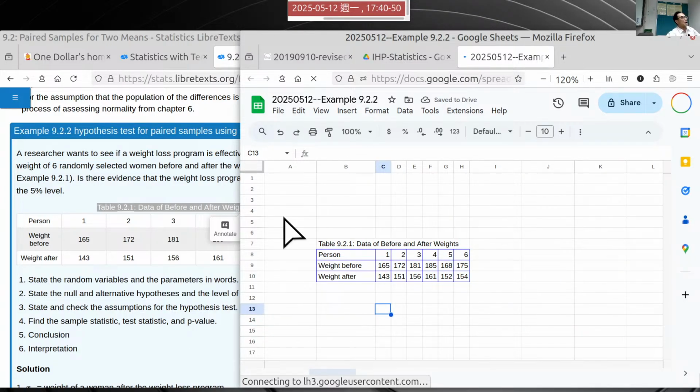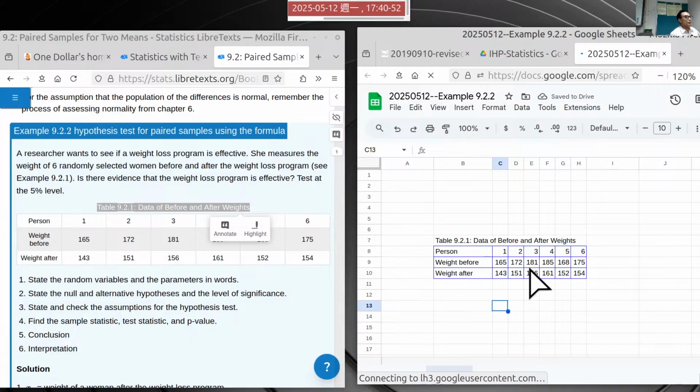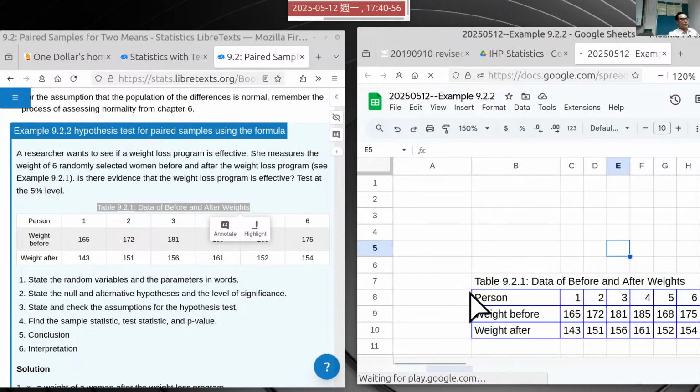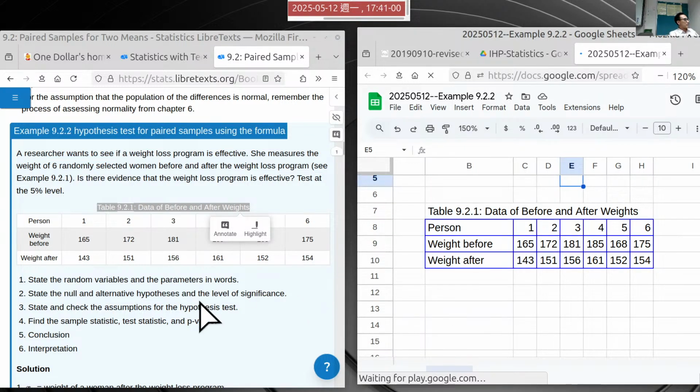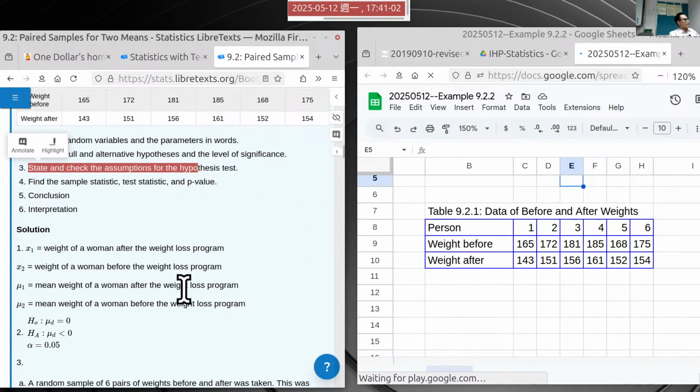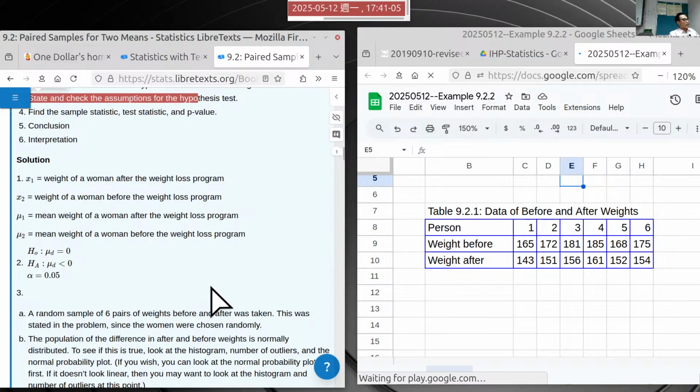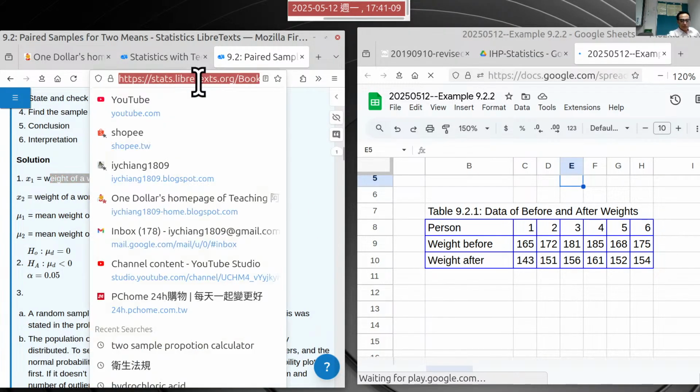Okay, I move this table to my Google spreadsheet. And first one, X1, the weight of a woman. Oh, sorry, I forgot it.